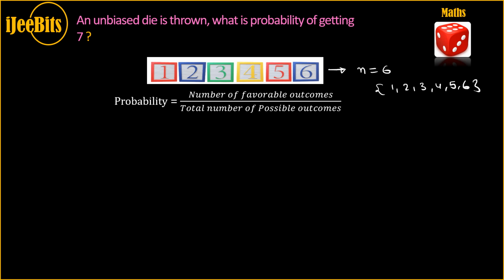But what was asked is the probability of getting 7. So what we have to look at now is the favorable outcome.